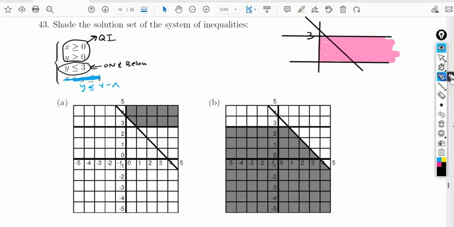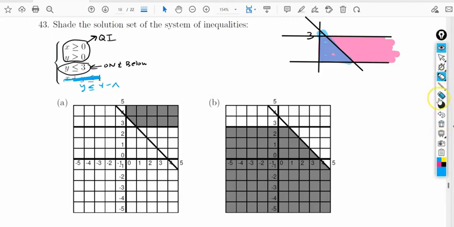And we want on and below this line inside the first quadrant. Only inside the first quadrant. Now, where's the overlap of red and blue? This purple bit here.